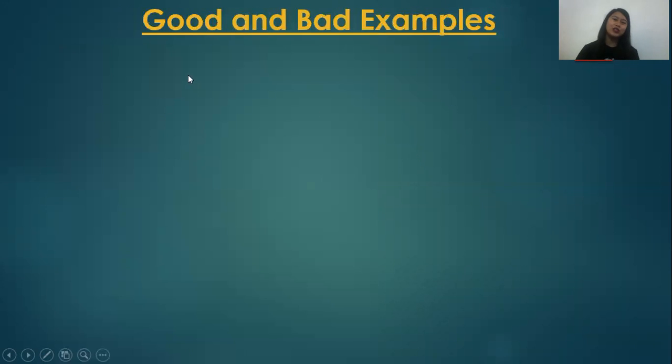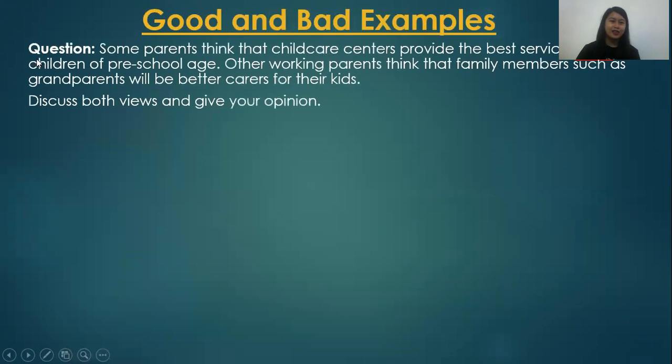Now, I'm going to show you a good and bad example of a body paragraph. And I want you to identify which one's the good one and which one's the bad one. The question is, some parents think that child care centers provide the best services for children of preschool age.